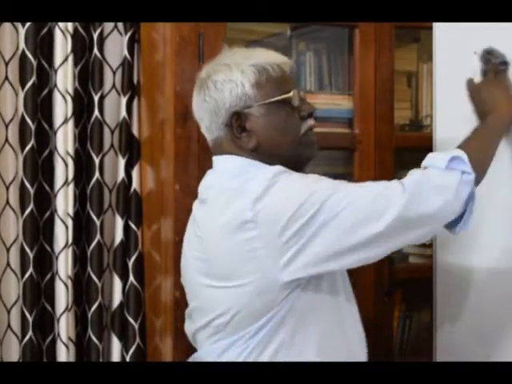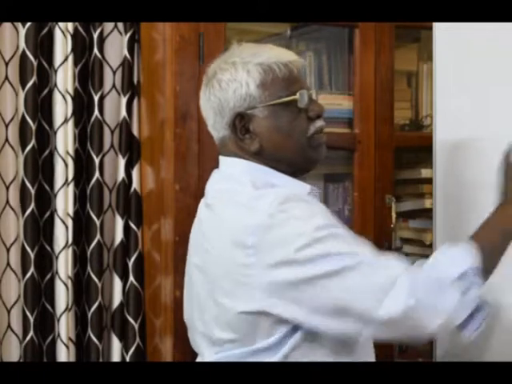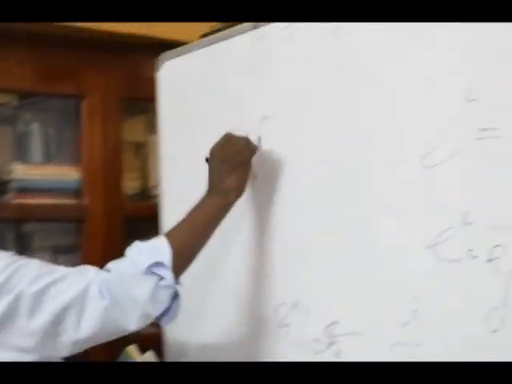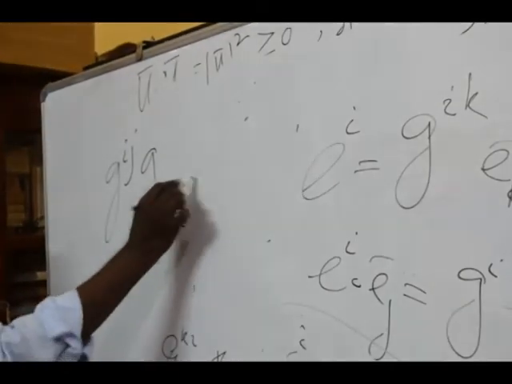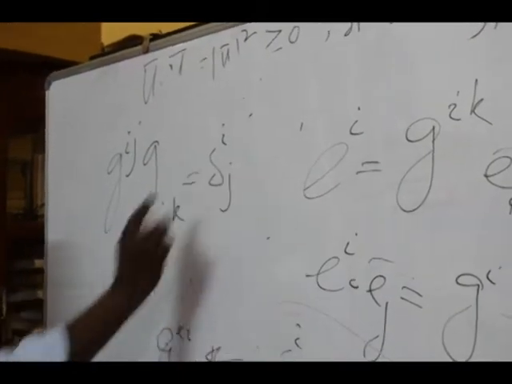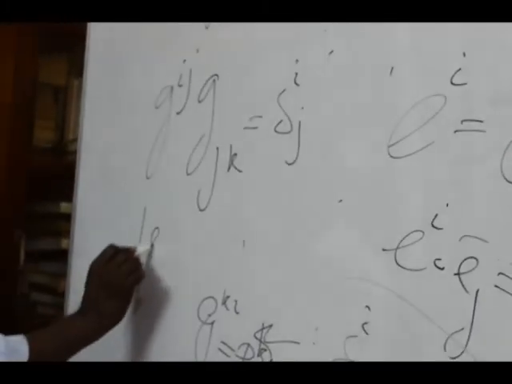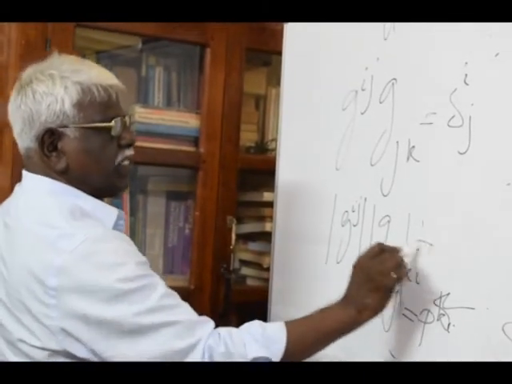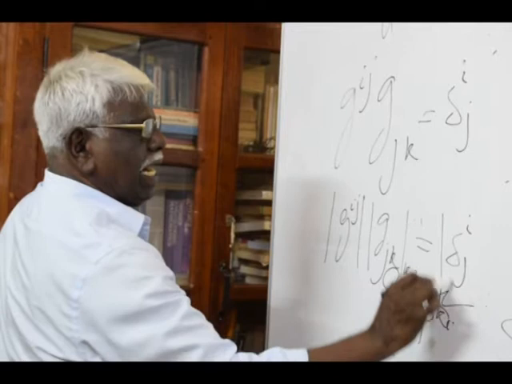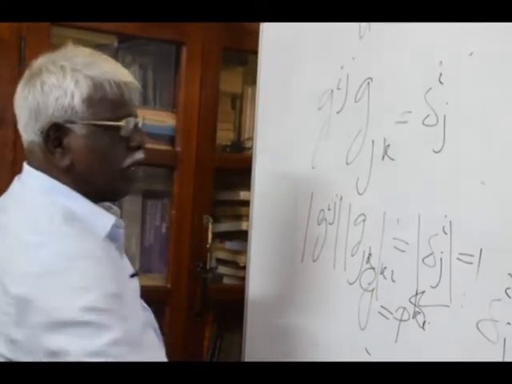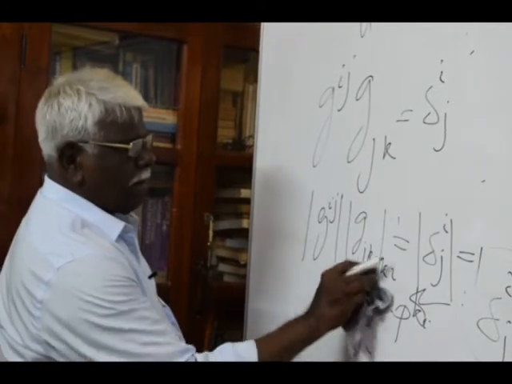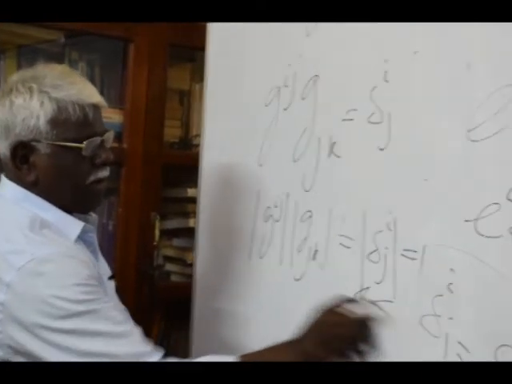Taking the determinant of this equation, Gij Gjk equals delta Ik. Determinant Gij into determinant Gjk equals determinant delta Ij, which is equal to 1.